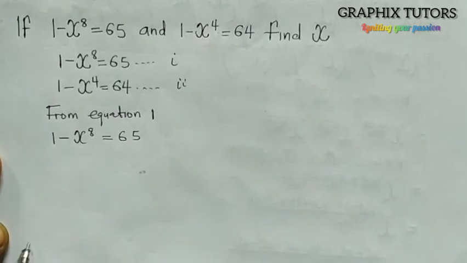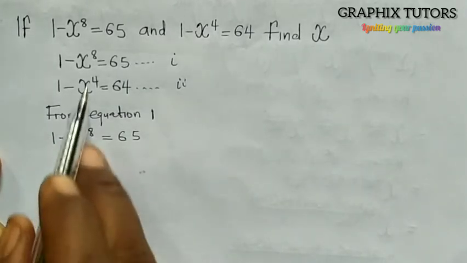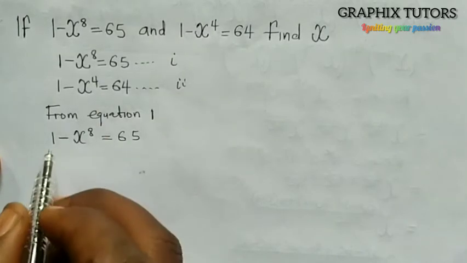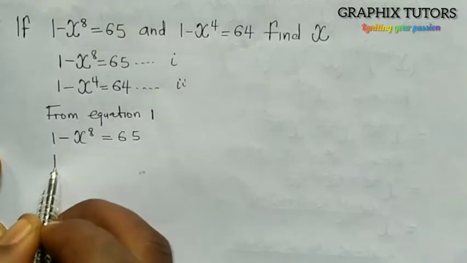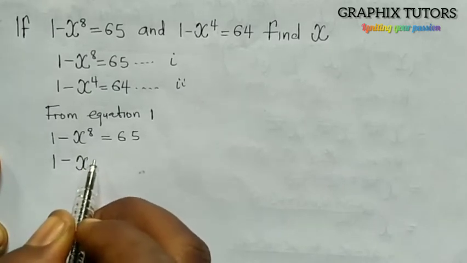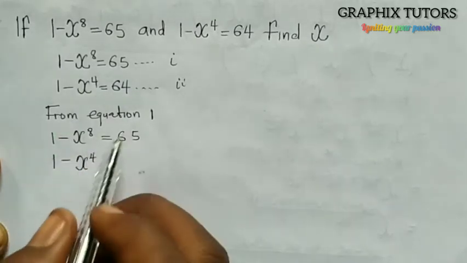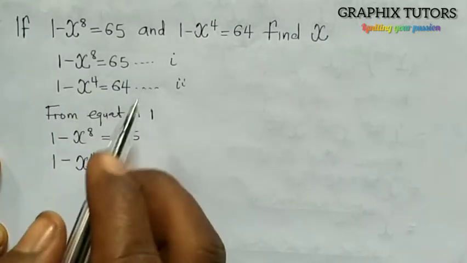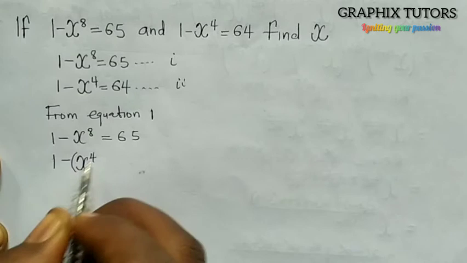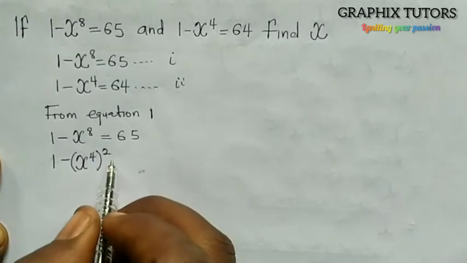Now I can break it down. This 1 here, I want to take it in the form of equation 2. So I can put it this way: 1 minus x to the power of 4, and what will I multiply with this 4 that will give me 8? That is 2.